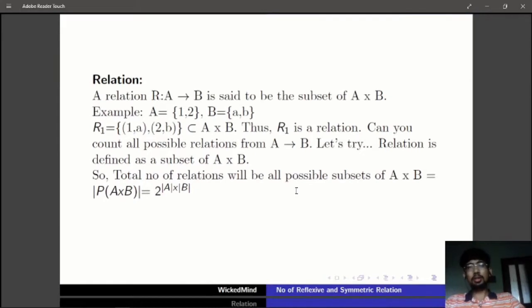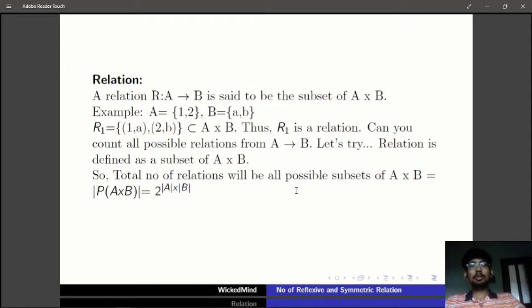Next is relation. So what is a relation? In mathematical terms, you are given a statement and then you derive some mathematical term from it, like the relationships in our day-to-day life. A relation R from A to B is said to be a subset of A cross B. Mathematically, I know the Cartesian product till now, so if you take a subset of the Cartesian product, you will get a relation.